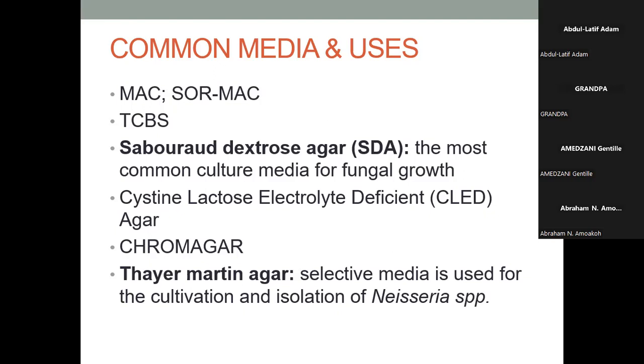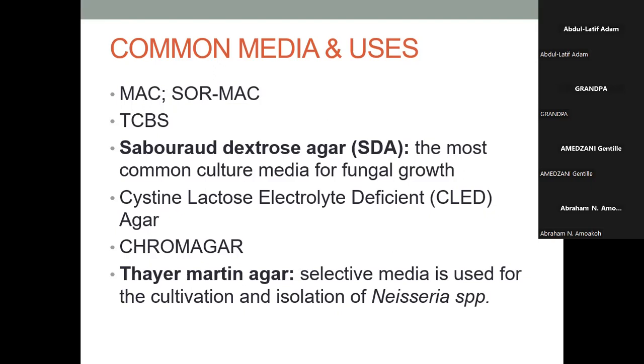It depends on how questions are set, but I'm sure that once you have this idea, you'll be able to figure it out. So I'm saying that Sorbitol MacConkey is used to differentiate and confirm the identification of E. coli O157 because they are non-sorbitol fermenters.